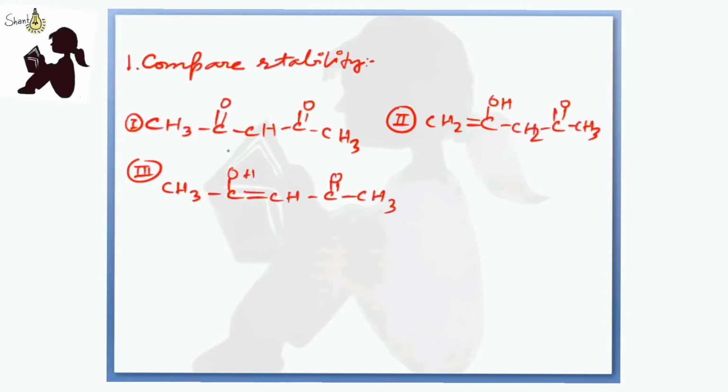In the first option, a ketone is formed here. So as you can see, it is a normal ketone, but in option 2 you can see that there is a vinyl alcohol, and also a ketone is present here.